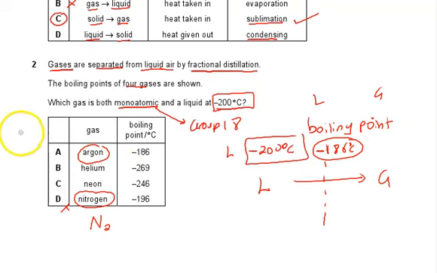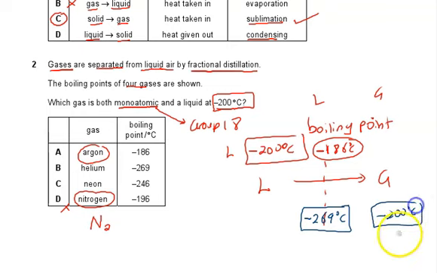Now if you look at the other gases like helium, its boiling point is negative 269 degrees Celsius. It means it changes from liquid to gas at negative 269, which means at negative 200 it will be in a gas state. So this one cannot. And neon, let us look at neon.